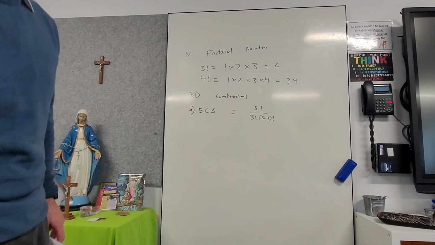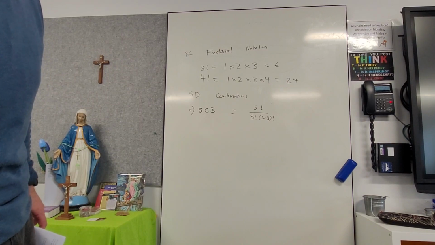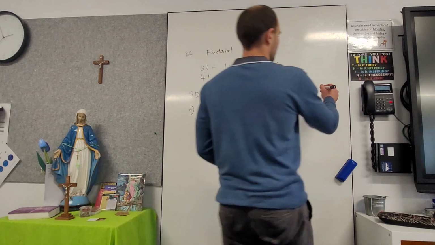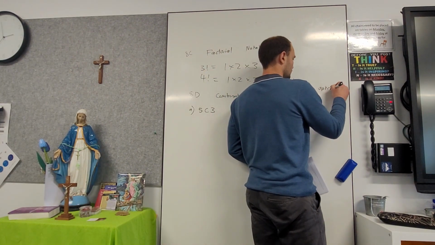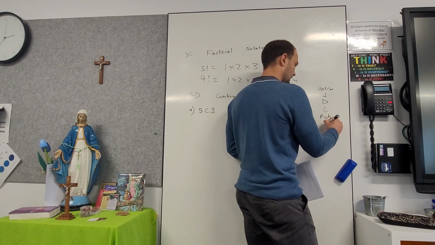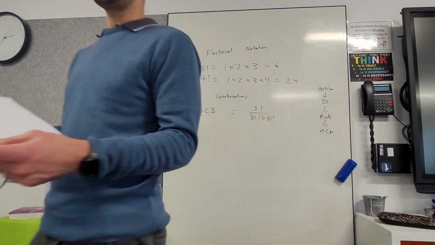What we do in our calculator to bring up C is we press option, we press the across arrow, we press probability, and you'll see NCR.